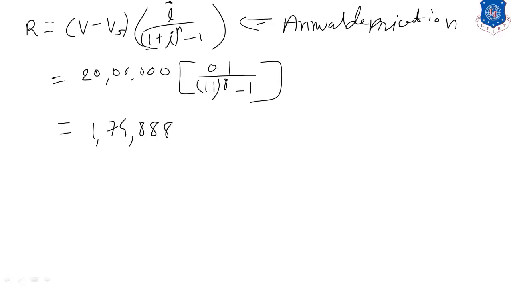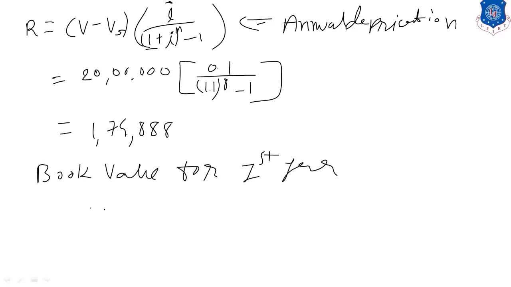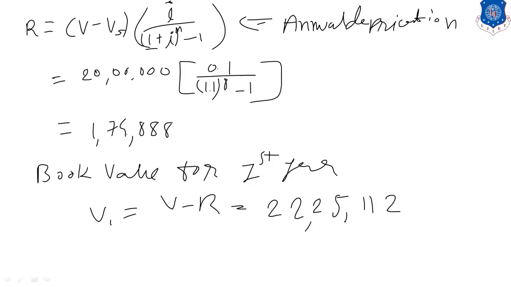Using this depreciation value, we can easily calculate the book value for the first year. That can be given by V1 is equal to V minus R, which is 22,25,112 rupees.